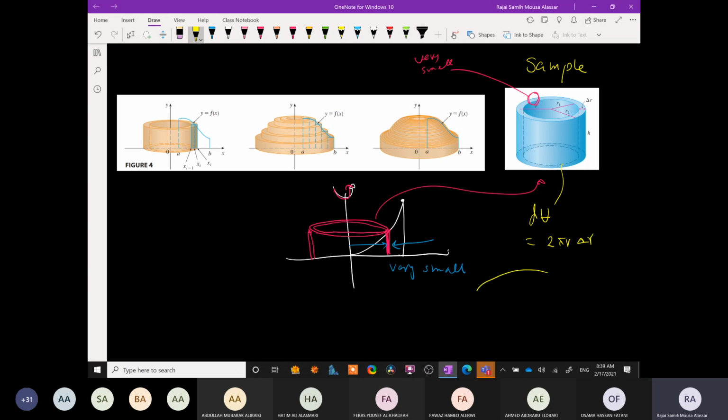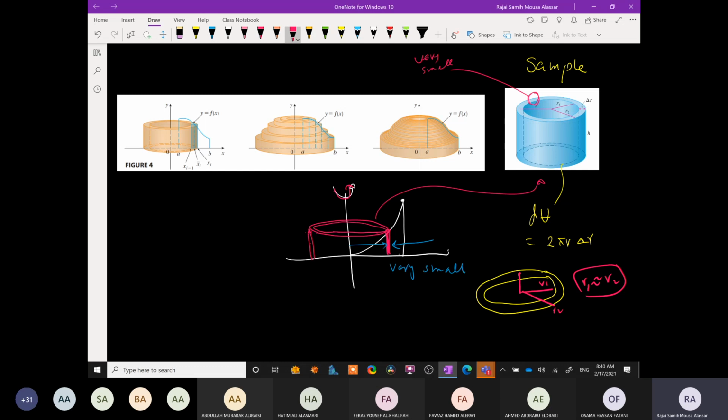Of course, this is exaggerated. The thickness is much smaller than that. If you take this r in the middle, and you understand that if this is your r1 and this is your r2, then r1 is approximately the same as r2. They are extremely close to each other. Think, for example, from the university to Al Khobar downtown.